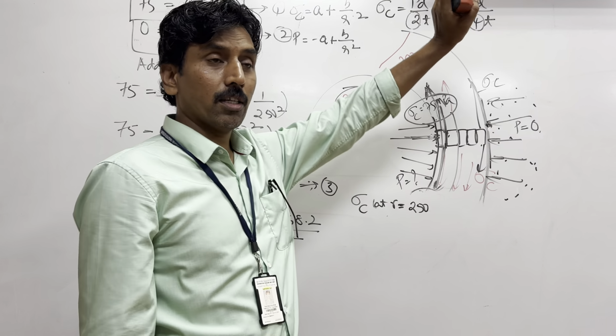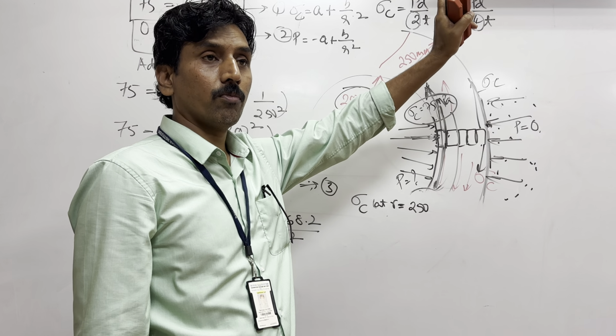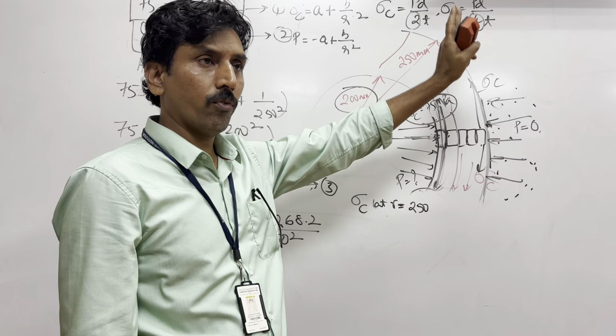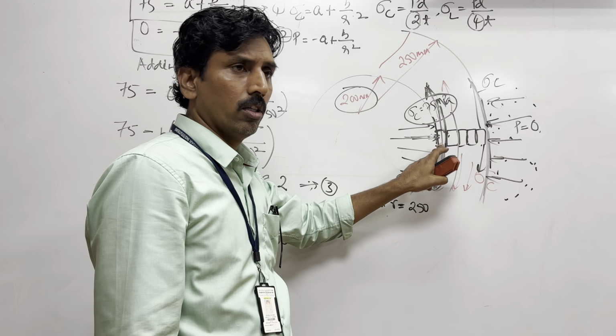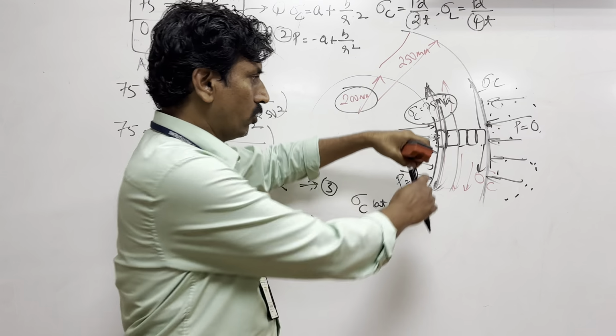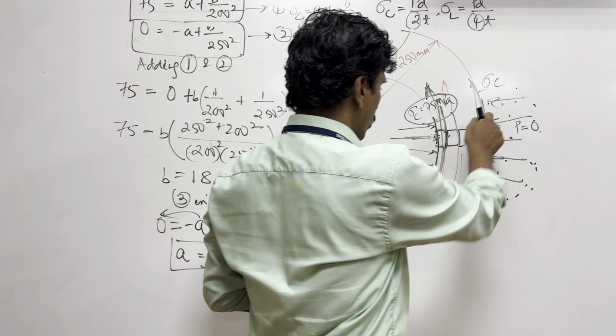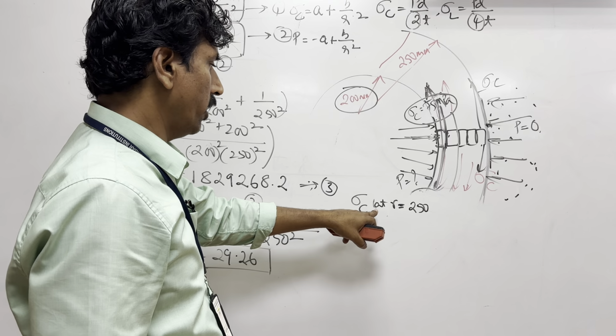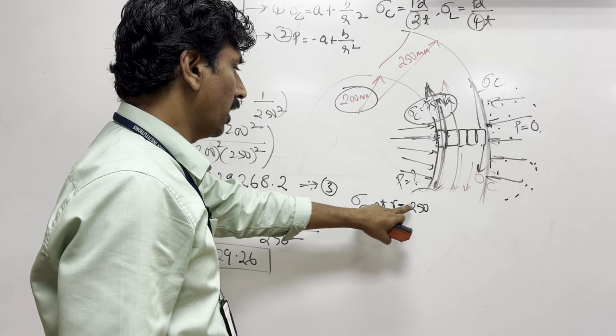It was not explicitly given in the problem. It was said that the material has a maximum stress of 75. But the inside fibers will stretch more than the outside fibers, so I have taken this value as 75 for the inner. If I want it for the outside, then sigma C at R is equal to 250.